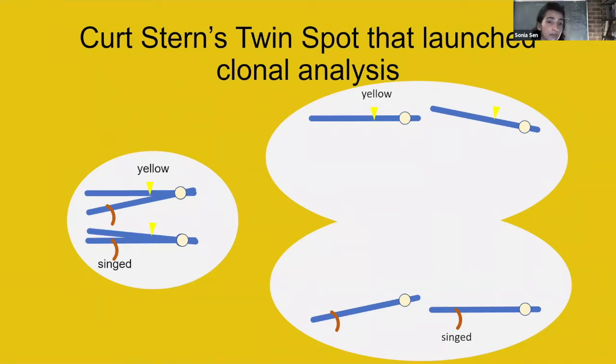Because you can imagine if the recombination event occurred here, you will not have this outcome. If it happened over here, I guess you would end up with normally wild type and on occasion singed patches. You wouldn't see this twin spot. But it's the twin spot that people now exploit in experimental clonal analysis, which is why we're focusing on that.